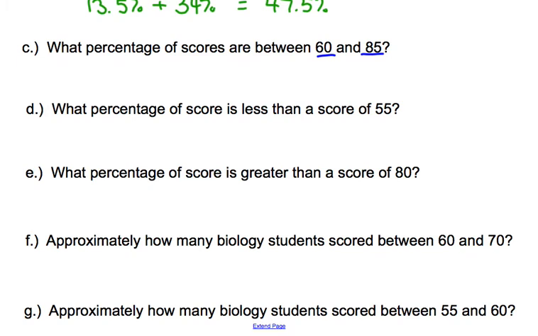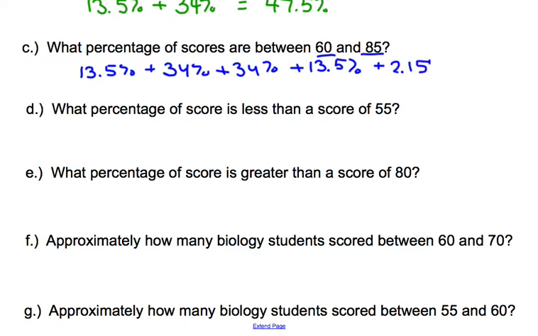So now when we add those, 13.5% plus 34% plus 34% plus 13.5% plus 2.15%. And we get a total of 97.15% of the scores fall between 60 and 85.